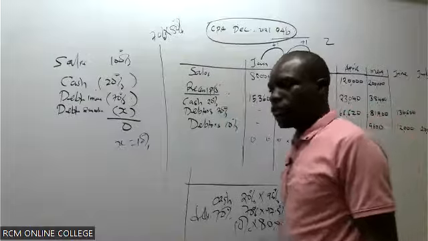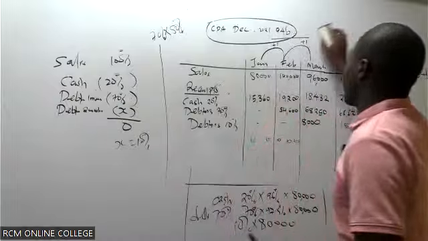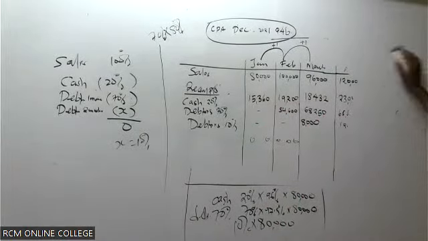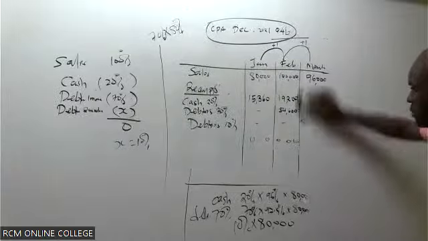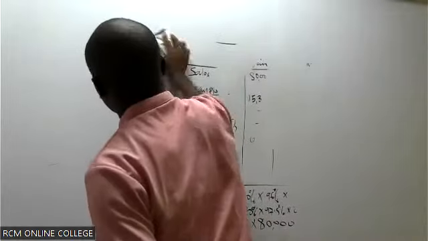If you read that question and get everything there, then you don't need to waste time doing revision on cash budget.